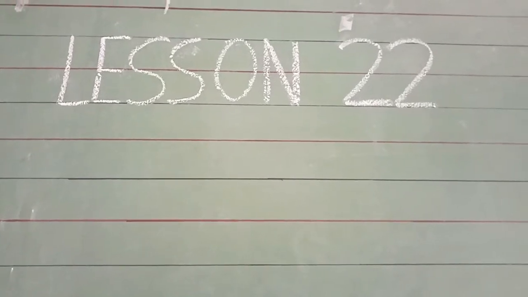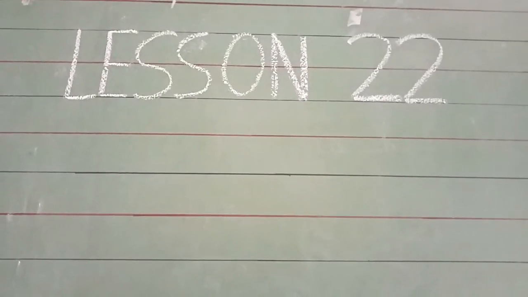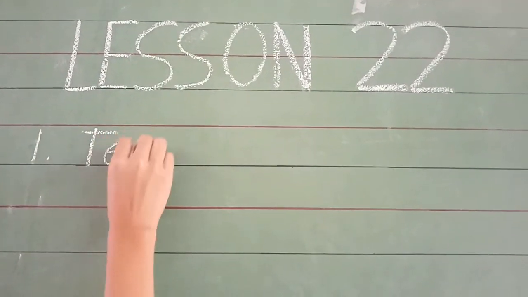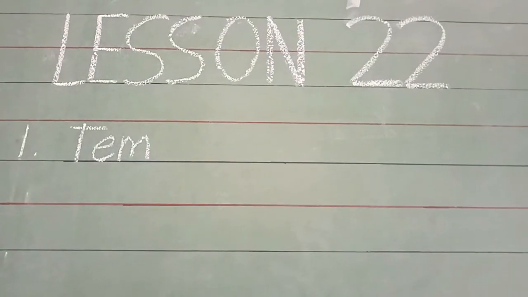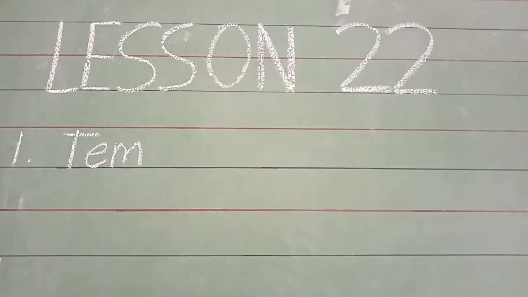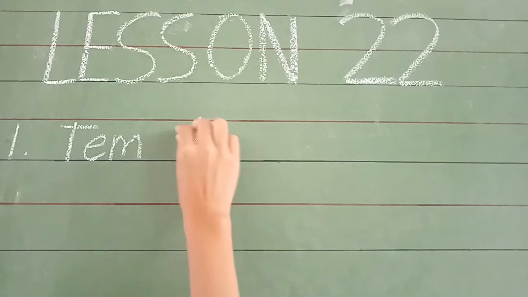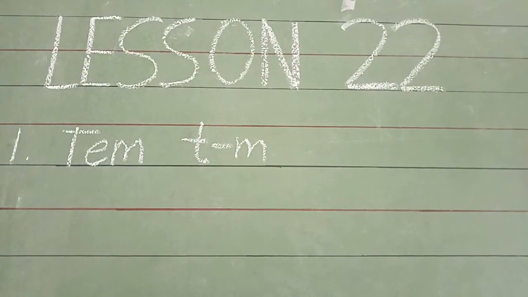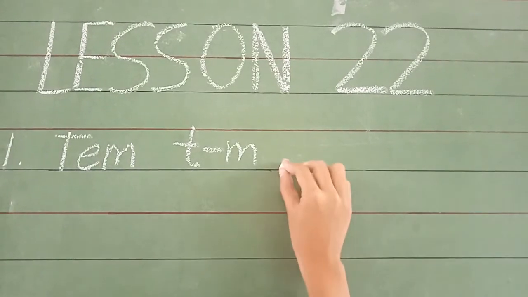Today, we will discuss lesson number 22 under principle number 1, TEM. By rounding off the angle between T and M, we obtain the fluent TEM blend.